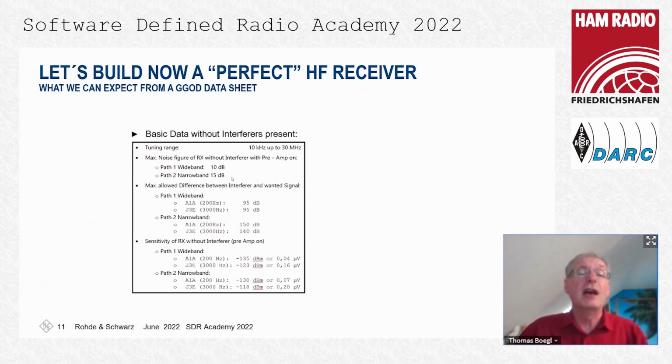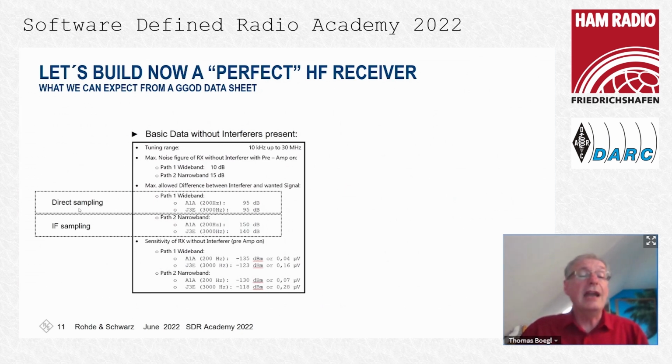The wideband receiver can have a slightly lower noise factor due to some simpler preselector filters. So the difference in the basic sensitivity is just the difference in noise factor, but the capability of operating at different levels between interferers and wanted signal is significant here.